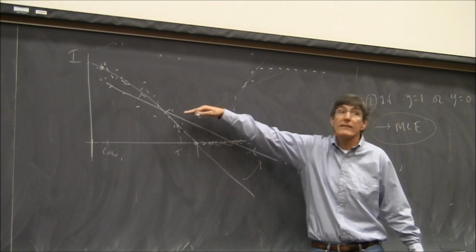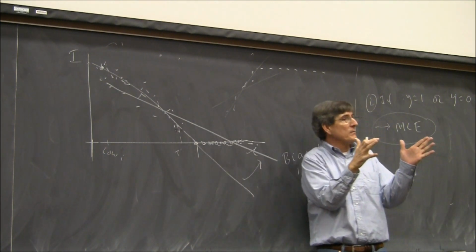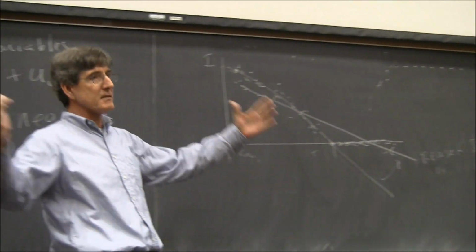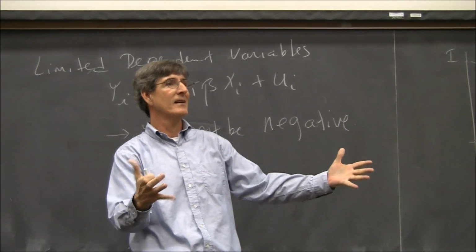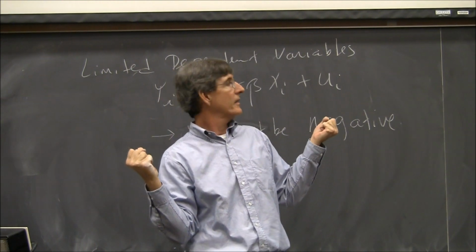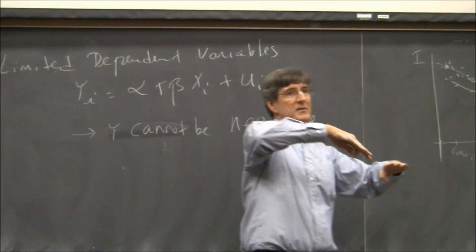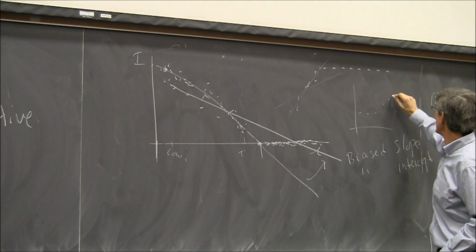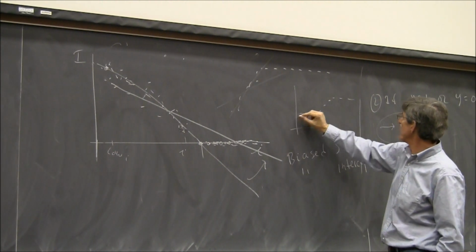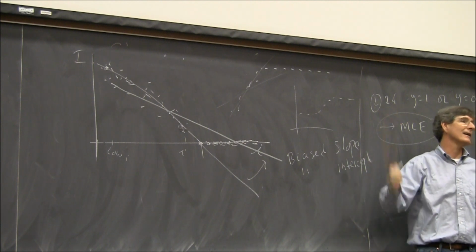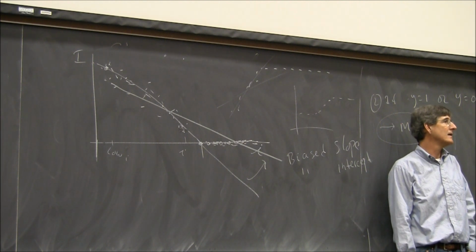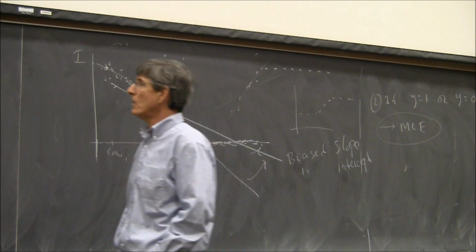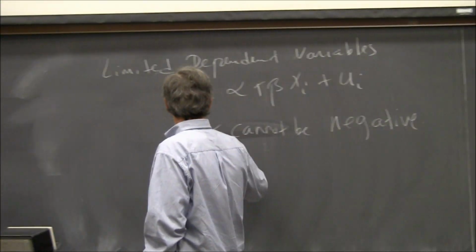It could be on both ends. Sometimes you only observe income greater than 20,000, less than 100,000, something like that, and everything else is thrown into the endpoints. They do that a lot. Then you're going to have data that might look something like this. You might have a flat part at the beginning, and so when you try to fit a line, you're going to get it wrong again. It's going to be too flat. So this truncation problem is going to throw off your intercept.